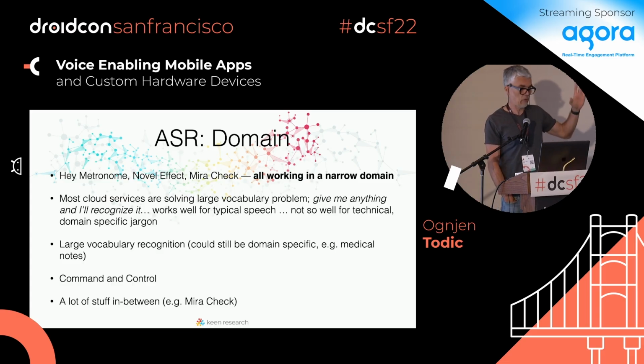Metronome, recognizing numbers from, I don't know, 50 to 200, and maybe 50 or 100 words that are musically related, from the music domain. Novel effect, you tell the app what book you're reading, so the domain is all the words in that book. Mirror check, again avionics vocabulary, fairly small, maybe a few hundred words, right?